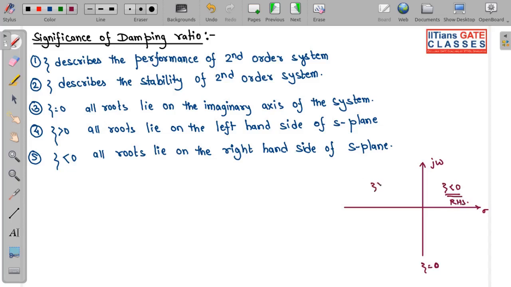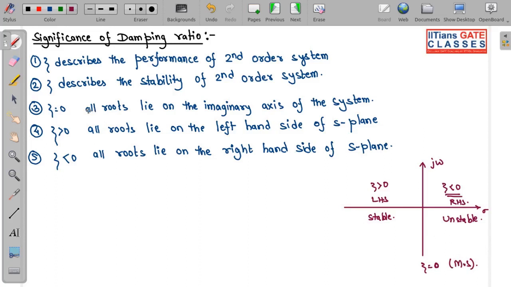If zeta is greater than 0, the poles will lie on the left hand side of the S plane. When poles lie on the left hand side, we say the system is stable. When the poles of a closed loop second order system lie on the right hand side, we say it is unstable. When the poles lie on the imaginary axis, we say it is marginally stable. So zeta equal to 0 means that it is marginally stable.